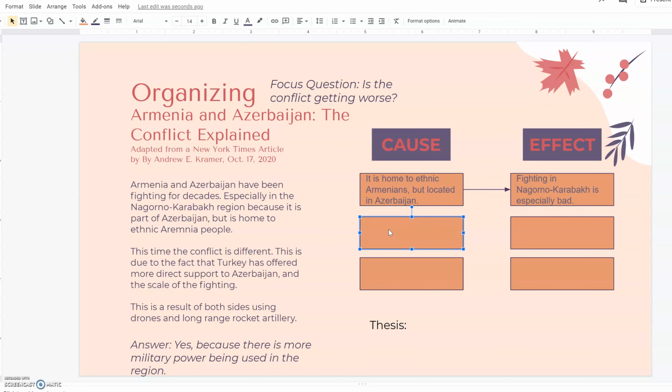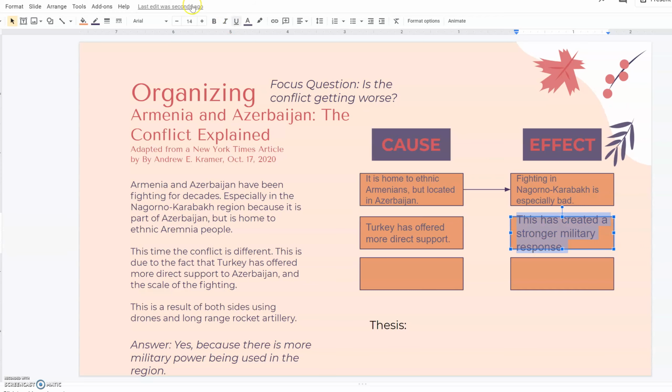I might also say something like, Turkey has offered more direct support. This has created a stronger military response. And so then both sides are using rockets.